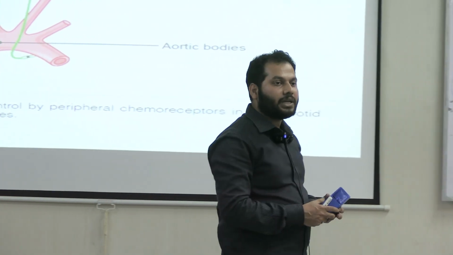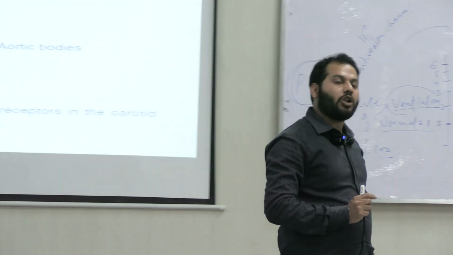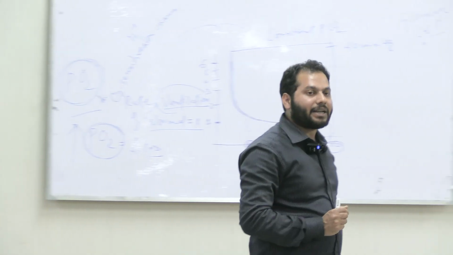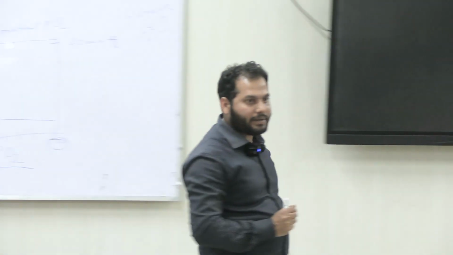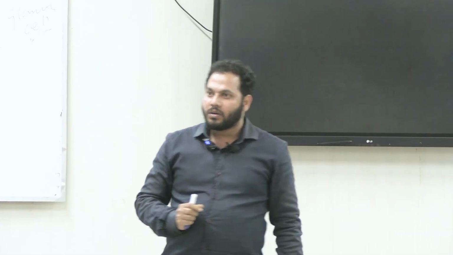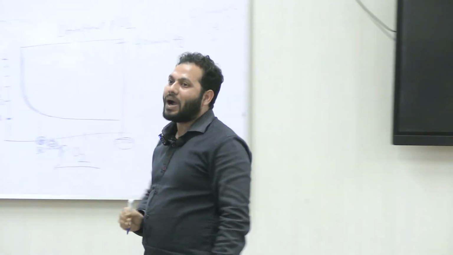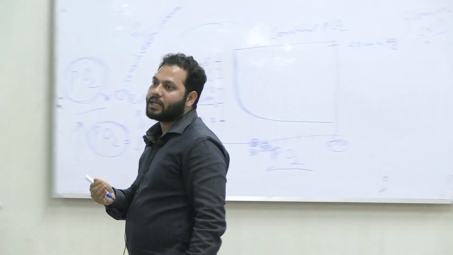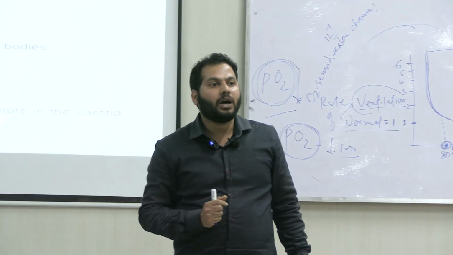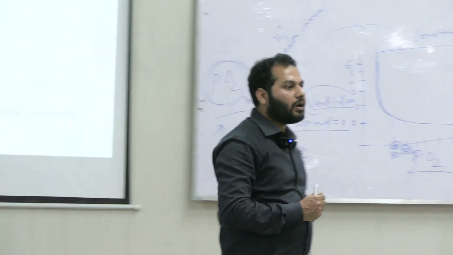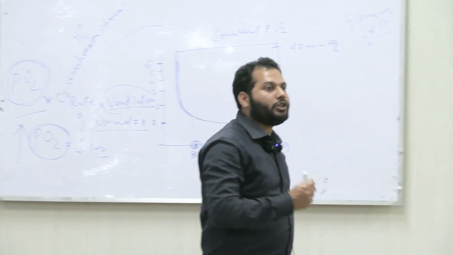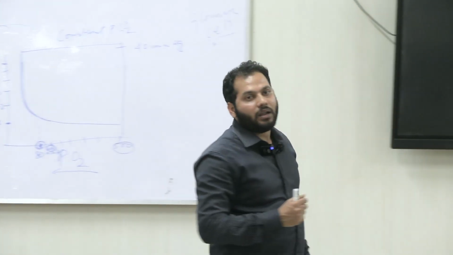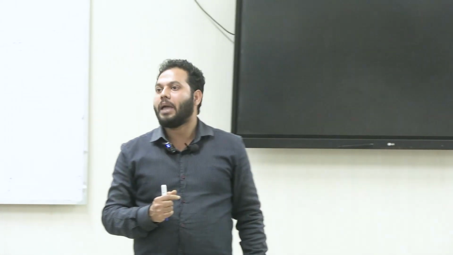As I mentioned, the chemical regulation is also carried out by central chemoreceptors, right? Now, the question is, what are the different conditions that are involved with the central chemoreceptor mechanism?